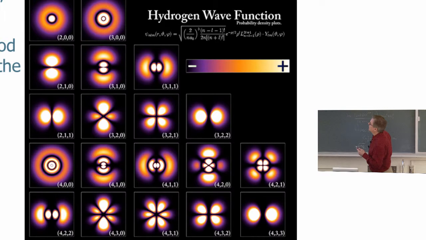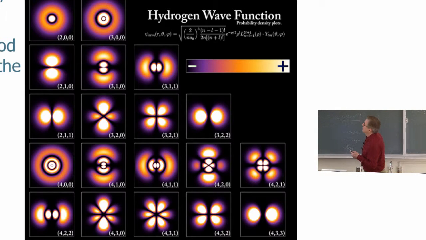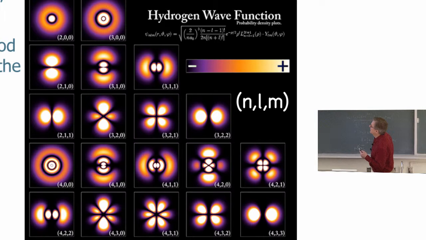There turn out to be 3 numbers which characterize every solution to the Schrödinger equation for hydrogen. And they are often called n, l, and m. And n is the energy level number, so you see 2s, 3s, 4s down here.